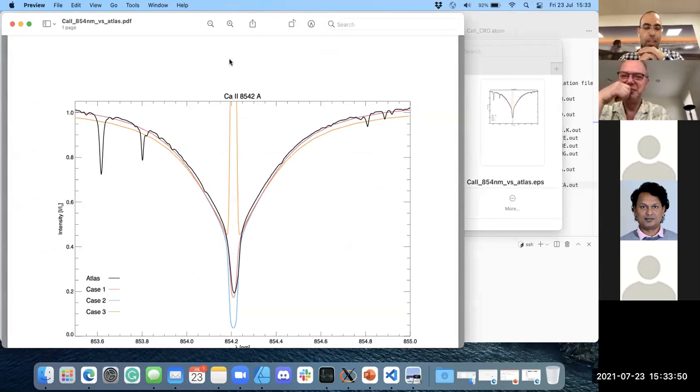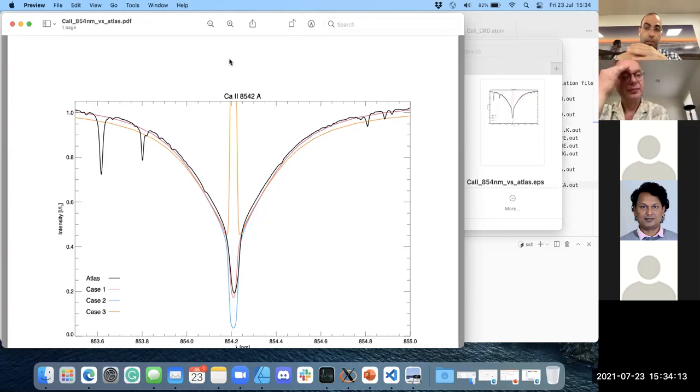So the idea is, what I was saying is that this case is a very good case because the atom combined with RH, with abundances and with different things, plus the FALC model, we are getting very close to the atlas. So this is very promising because it means that the atom is really good.